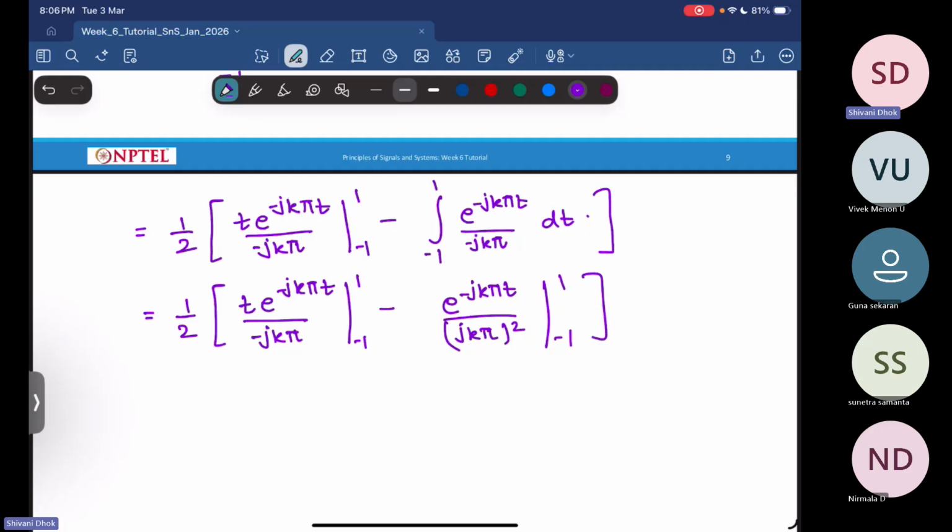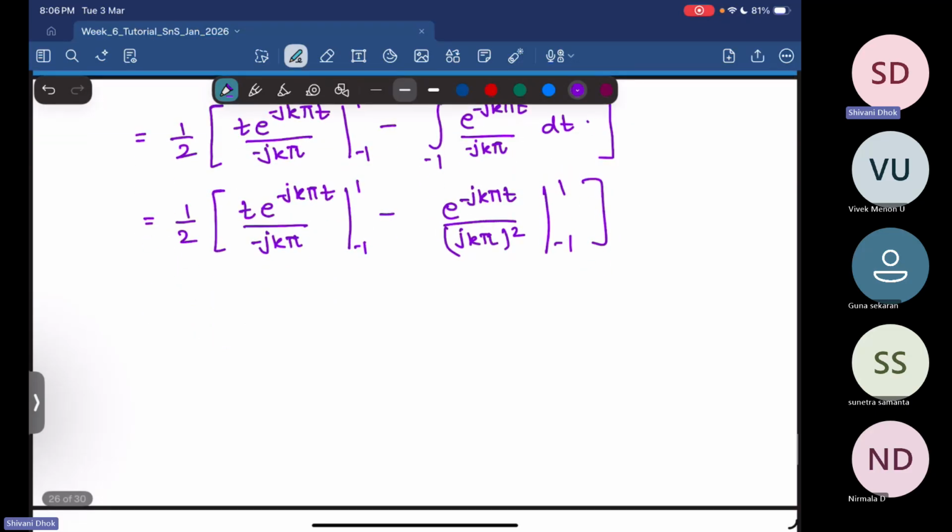So this is what we have here. Let us substitute the limits. This is equal to 1 by 2 into e power minus j k pi minus of minus 1, that is plus, into e power minus j k pi plus j k pi, upon minus j k pi.